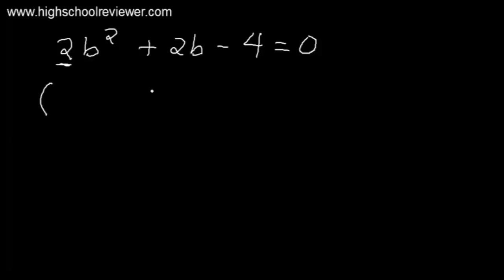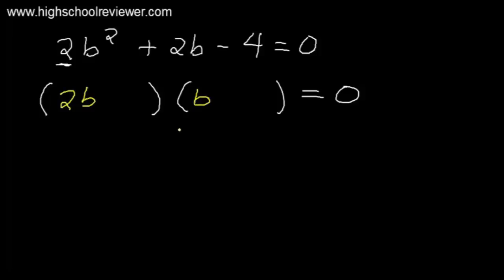Okay, so we will have here two sets of factors, and this will be equal to 0. So we are going to factor out positive 2b squared. So the factors of 2b squared, we have positive 2b multiplied by b.